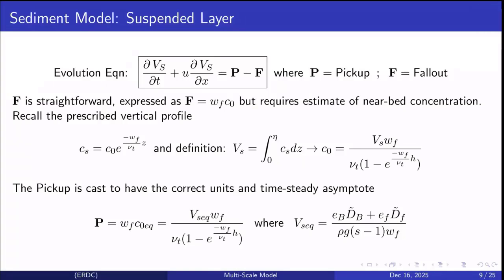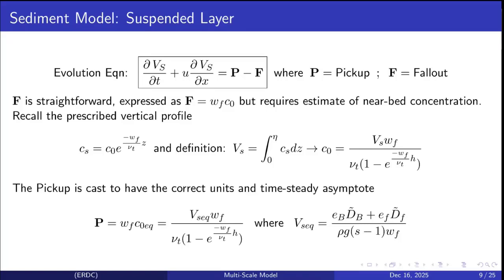I mentioned it earlier, but I don't want to get too caught up in the details here. The sediment transport that's taking place in the suspended layer can be phase lagged relative to the forcing. So it's not instantaneous, which is why we need this evolution equation that's shown as the boxed equation, which says that the change in the total volume of sediment is equal to the advective term, plus the pickup less the fallout.